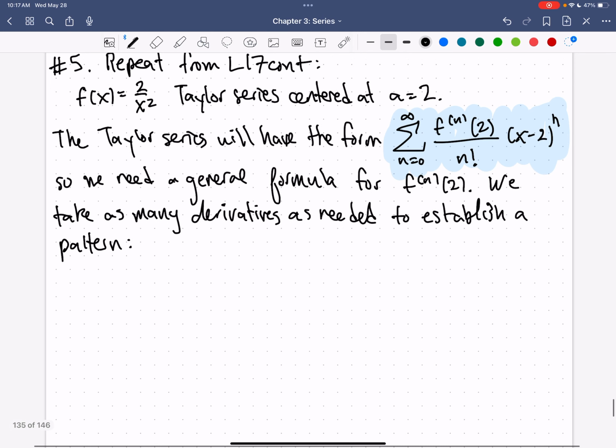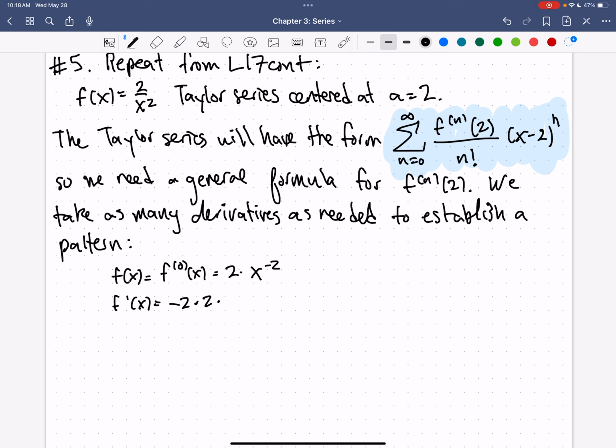So let's take some derivatives to get a pattern so we can see what f^(n)(2) is. Well, f of x, its 0th derivative, we can say that's 2 times x to the negative 2. The first derivative, using the power rule, we get negative 2 times x to the negative 3.